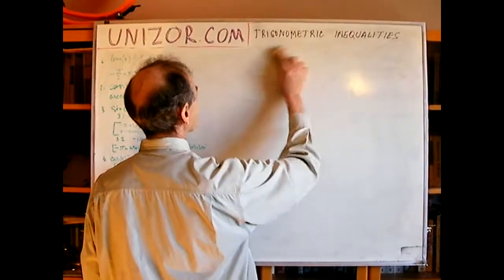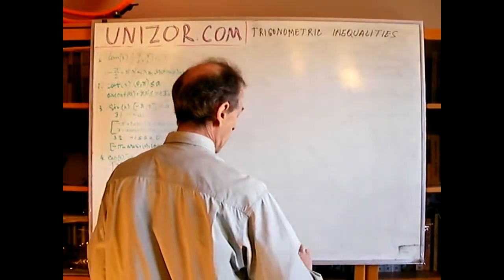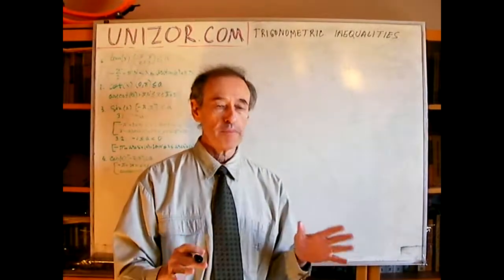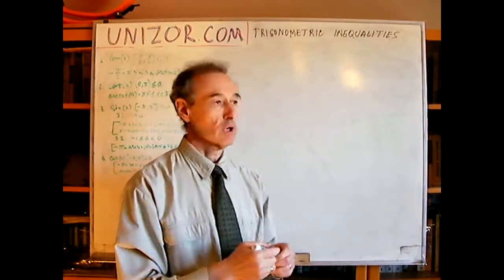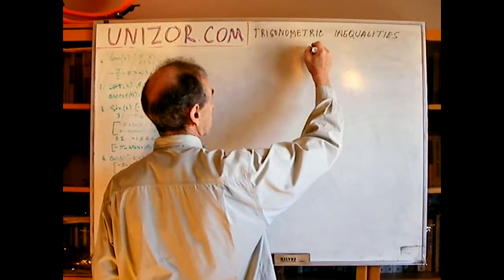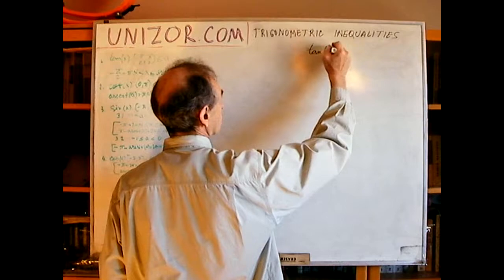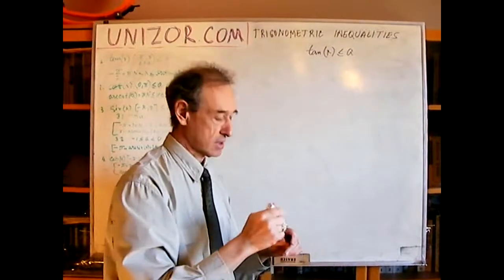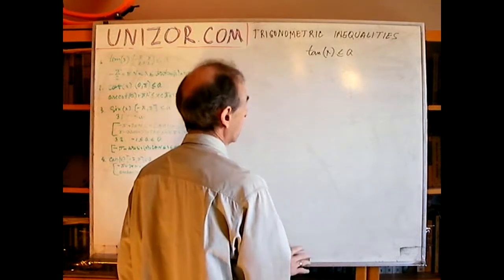Now let's go to particular examples. My purpose during this lecture is to explain solutions of inequalities like tangent of x less than or equal to a, cotangent, sine, and cosine, basically four cases. That's number one.